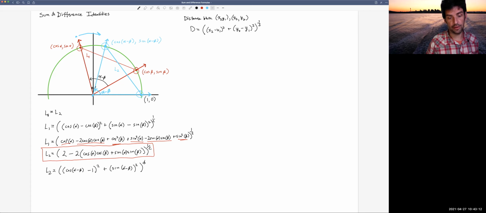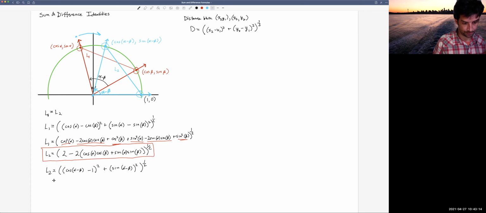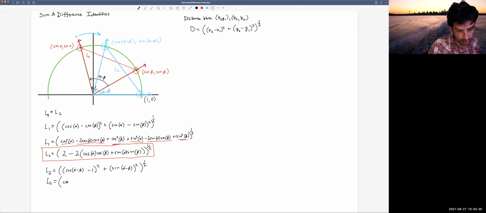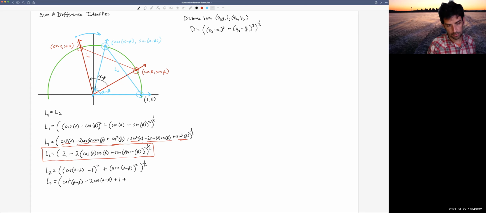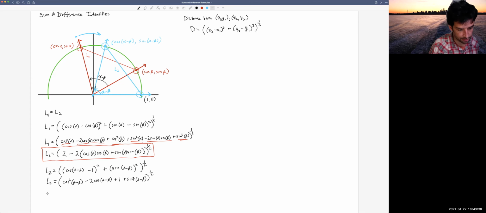And we're squaring that, and we've got to the 1/2 power. All right, let's expand this. I'll get cosine squared alpha minus beta minus 2 cosine alpha minus beta plus 1 plus sine squared alpha minus beta, to the 1/2.